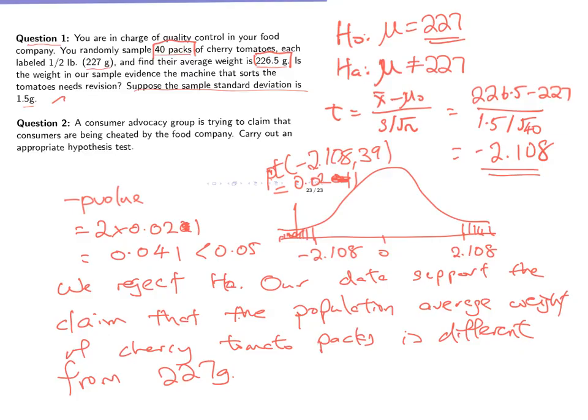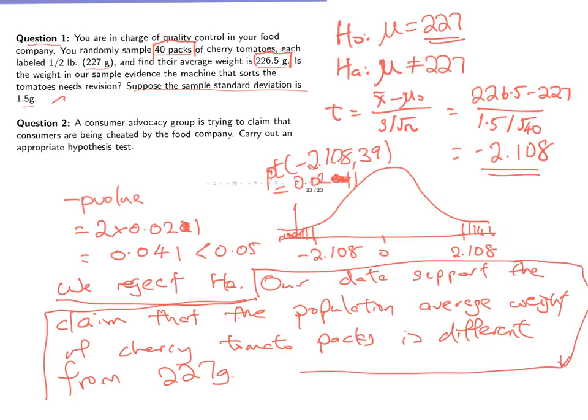So that's basically the conclusion. You should write a statement that addresses your specific question, rather than just saying we reject the null or we fail to reject the null. So what does that mean in your specific situation?